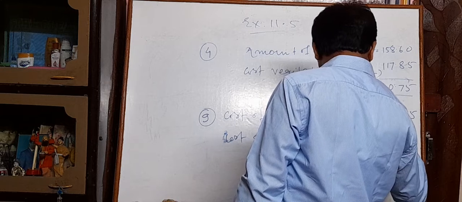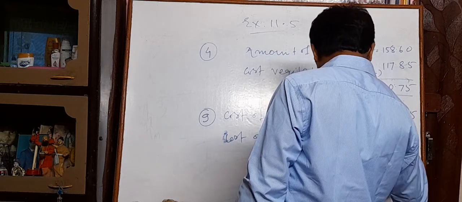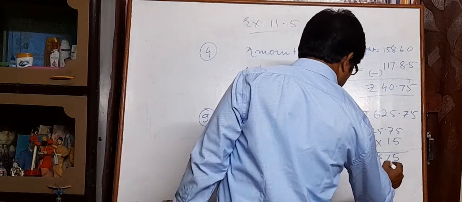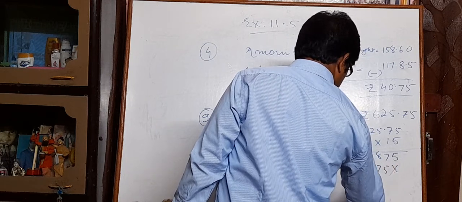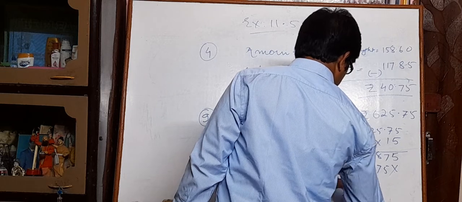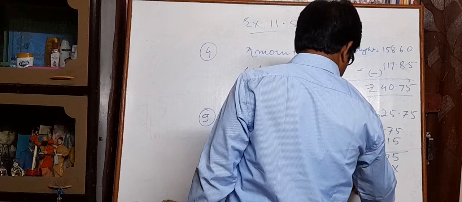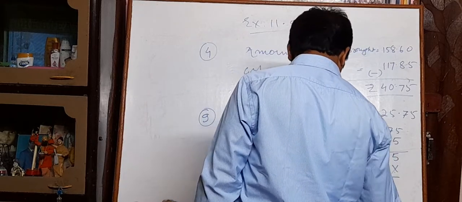It will be 312875. Then multiply by 1: it will be 625750. Now add these together.